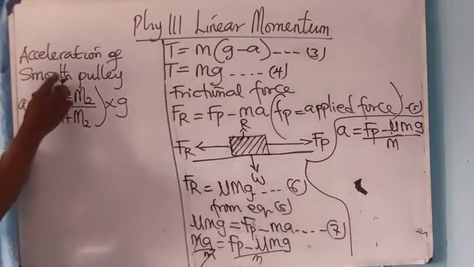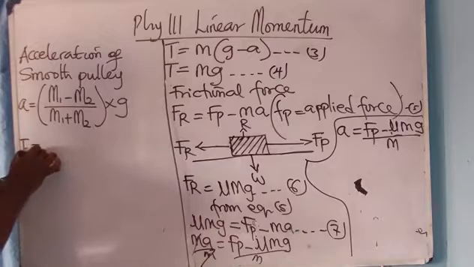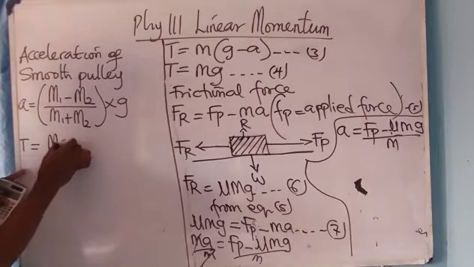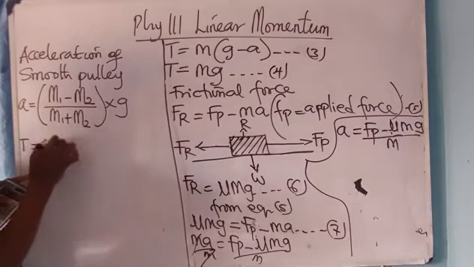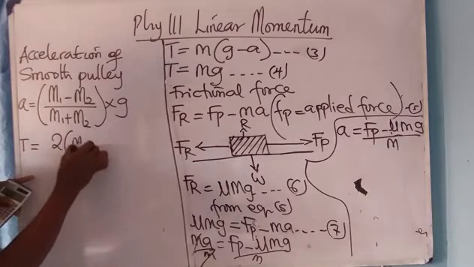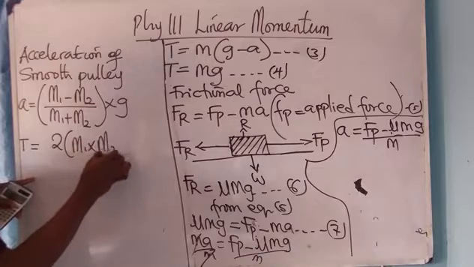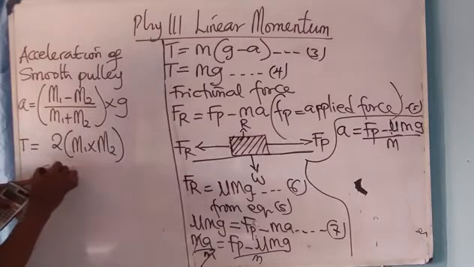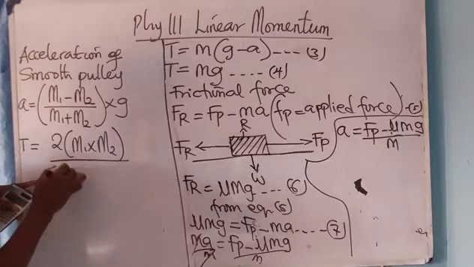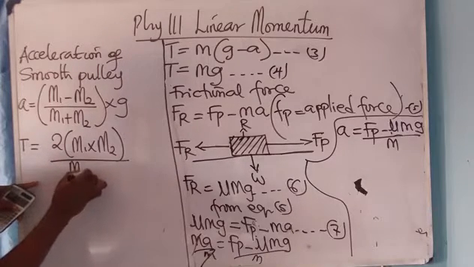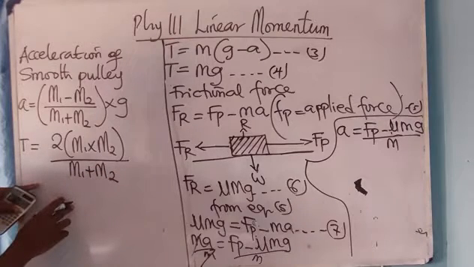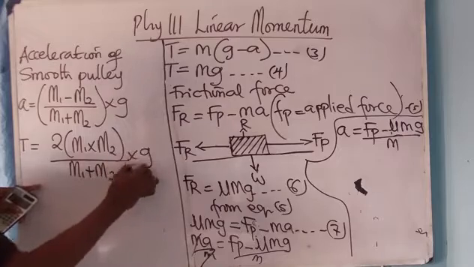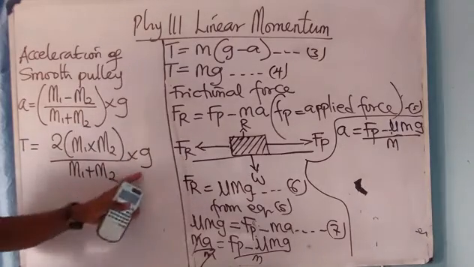The tension of this smooth pulley is given as 2 times m1 times m2 over m1 plus m2, times g. That is what you have it to be.